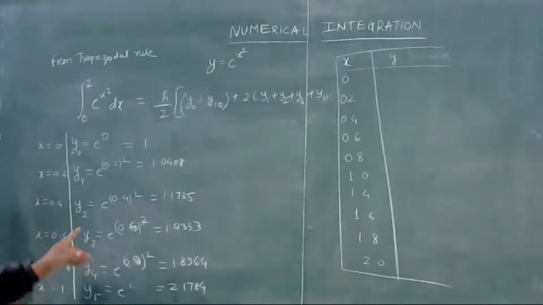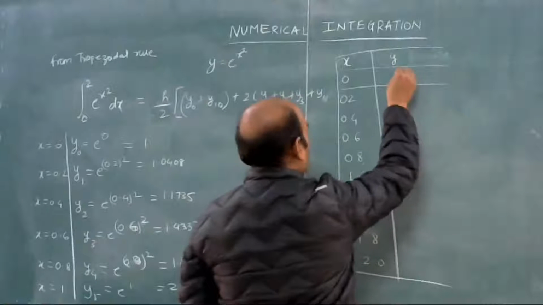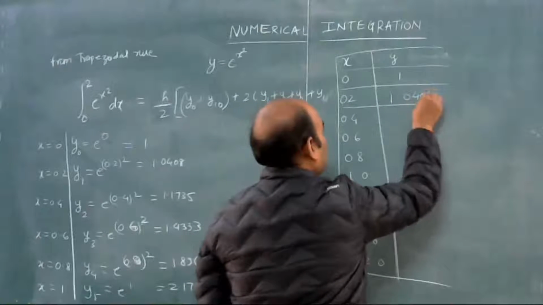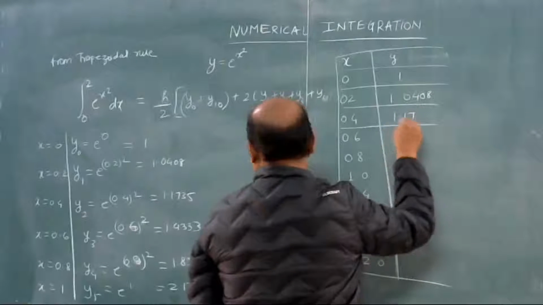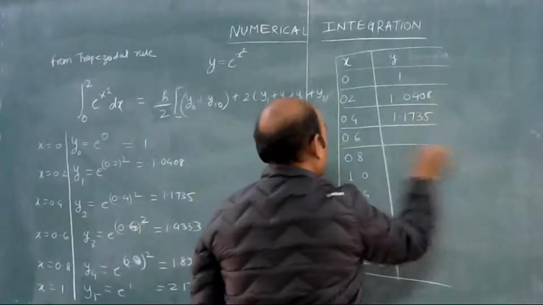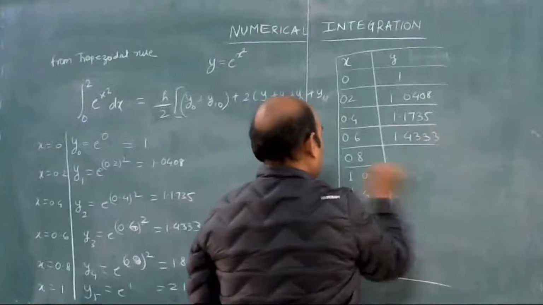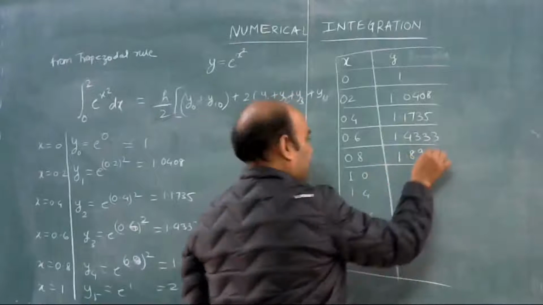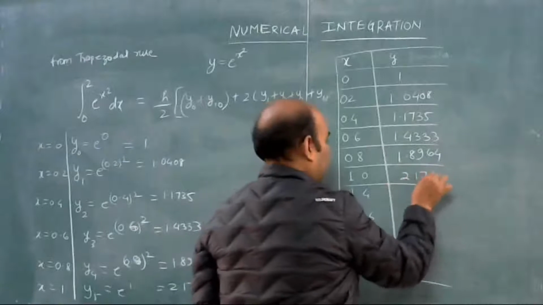Correspondingly, the values of y are 1, 1.048, then 1.1735, then 1.433, then 1.8964, 2.178.